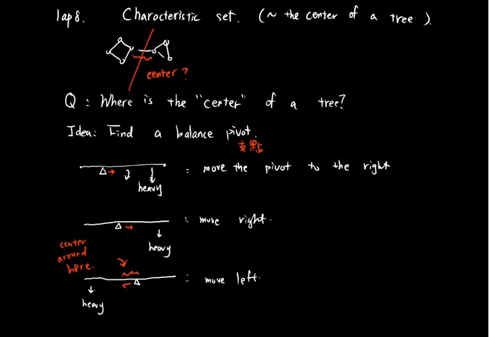And we want to talk about, let's come back here a bit. We want to talk about the weight of this part and weight of this part, right? And if the whole thing is a tree, then we will take out one vertex and then look at the weight of one branch and the weight of the other branch. So let's talk about what is a branch.